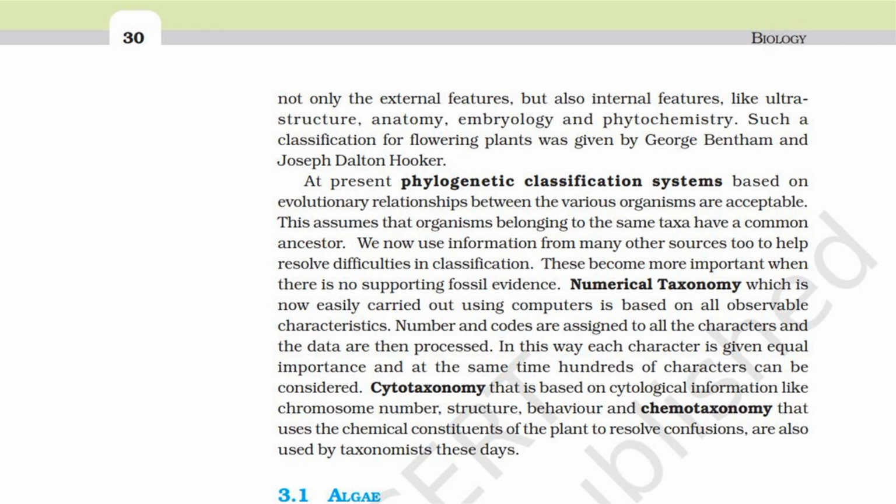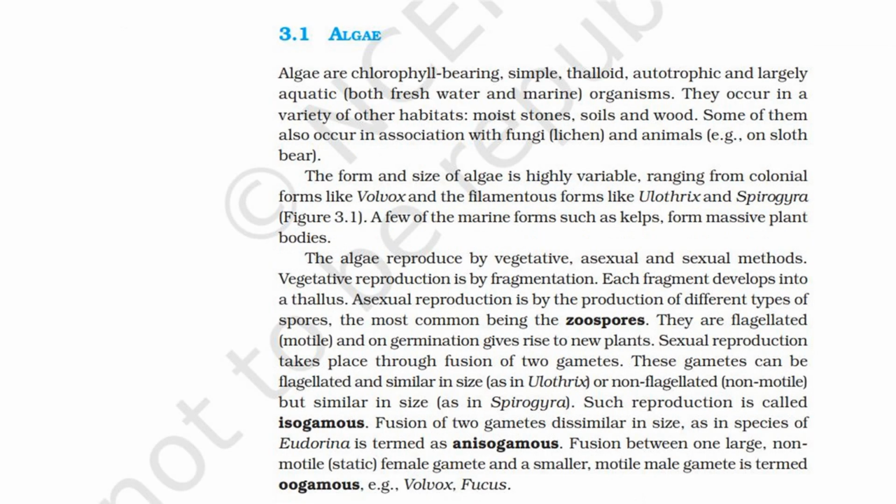In this way, each character is given equal importance and at the same time hundreds of characters can be considered. Cytotaxonomy, that is based on cytological information like chromosome number, structure, behavior, and chemotaxonomy that uses the chemical constituents of the plant to resolve confusions, are also used by taxonomists these days.